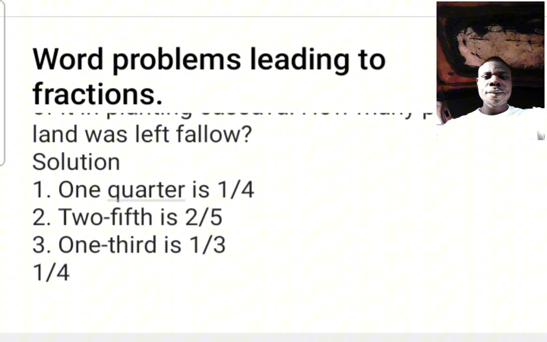Then the first thing to do here, I think the denominator we have 4, 5, 3. So now, in order for us to find the LCM of 4, 5, 3, I think the LCM of 4, 5, 3 will be what? Will be 60. Are you getting me now? So we now say, how many 4 can we find in 60?